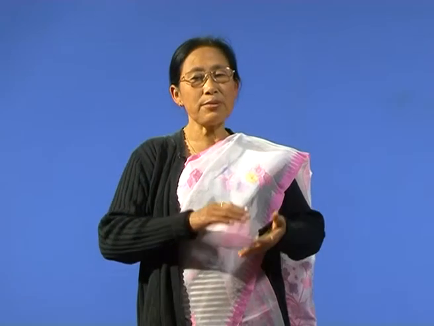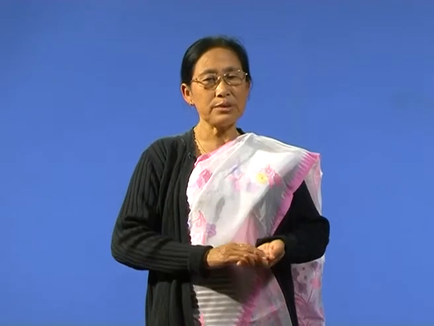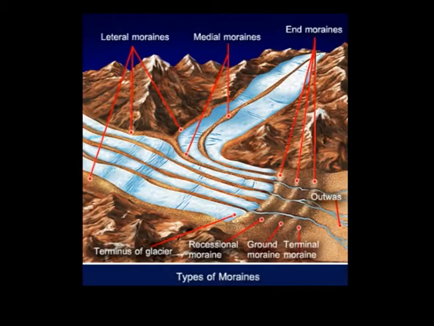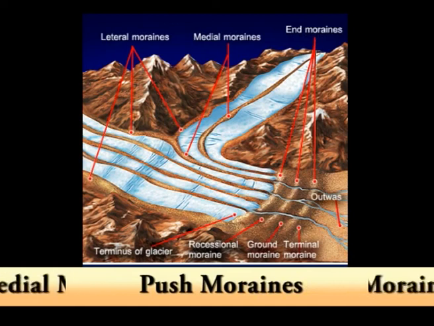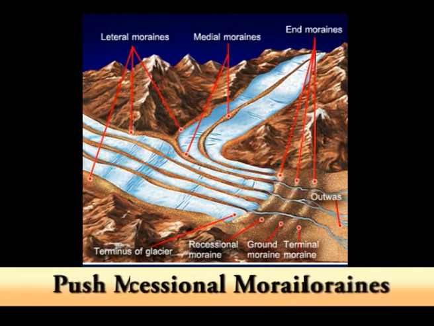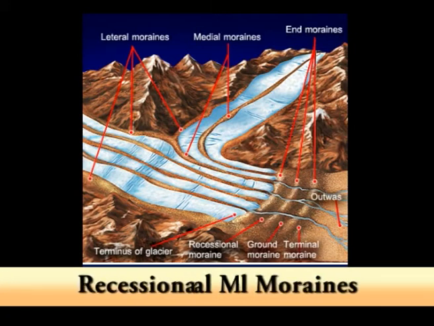The six types of moraines that are responsible for shaping the landforms are ground moraines, lateral moraines, medial moraines, push moraines, recessional moraines, and terminal moraines.